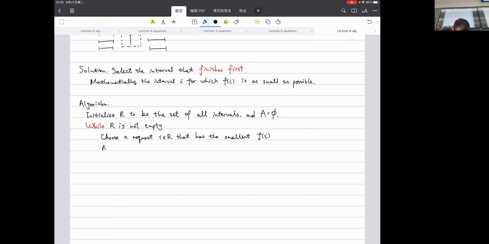So after that, we add this I to the set A. This set A is basically the set we want to output. And of course, we need to maintain compatibility here.